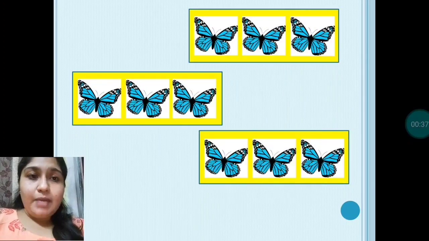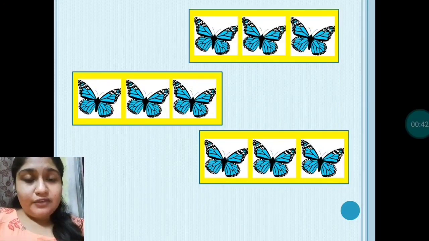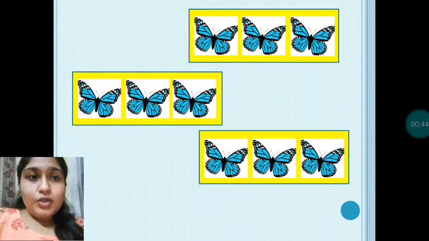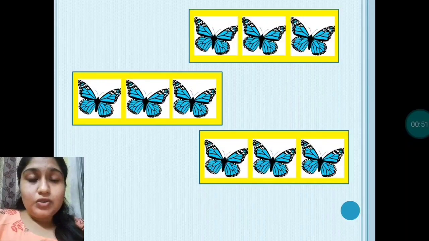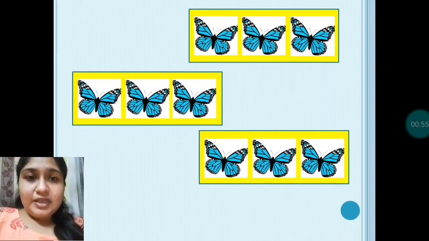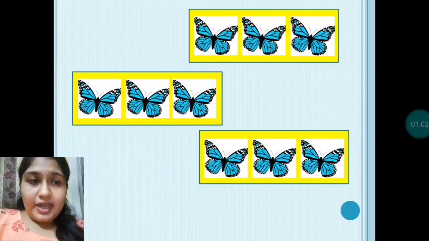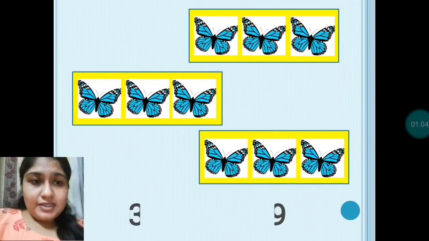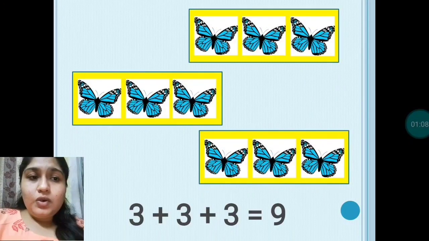In the same manner, how many butterflies do all 3 boxes contain? You have to count that 3 plus 3 plus 3 is equal to how many? 3 plus 3 is equal to 6 and 6 plus 3 is equal to 9. So what is the answer? 3 plus 3 plus 3 is equal to 9.